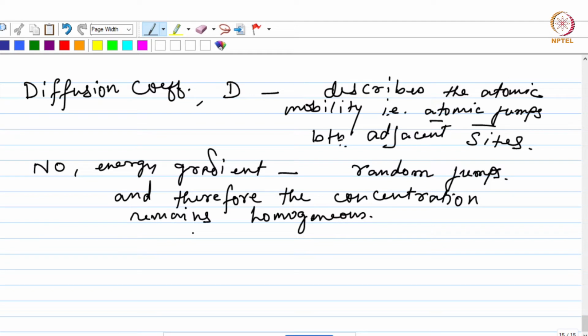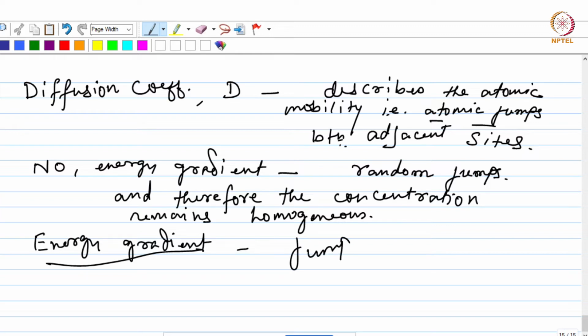When you have an energy gradient, you cannot expect these jumps to occur randomly anymore, because jumps tend to become more frequent in the direction of decreasing interaction energy.